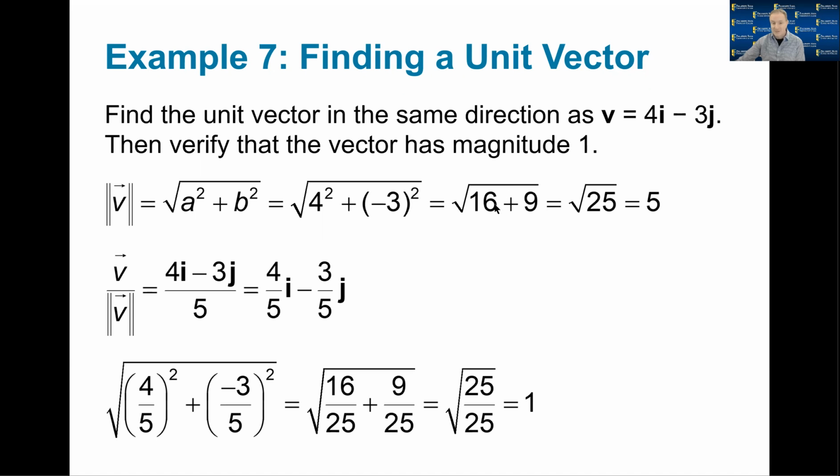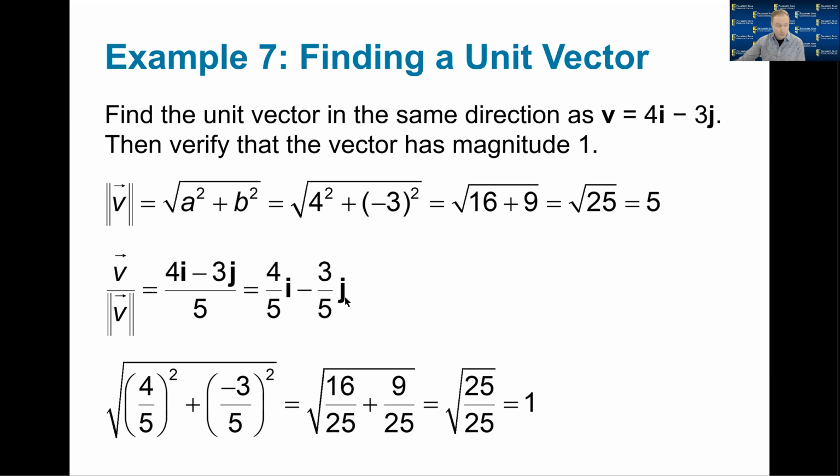I would get the square root of 16 plus 9, again, square root of 25. This vector has a length of 5. Now, in order to find the unit vector in the same direction as v, you would take your vector v, divide by its magnitude, and when you divide by that magnitude, it distributes to both terms. You'll have 4/5 i minus 3/5 j.